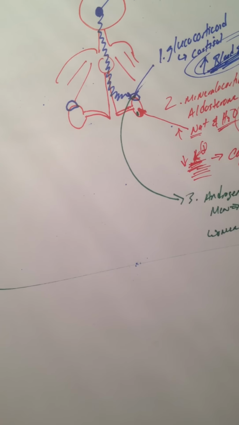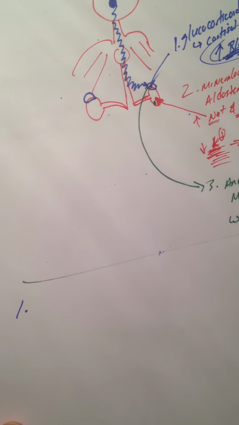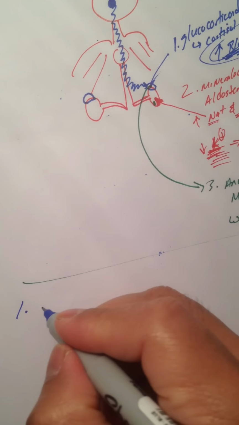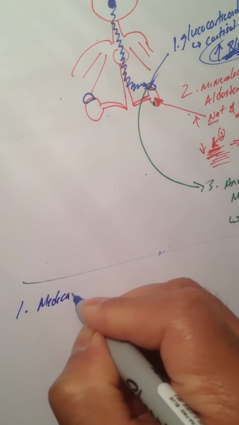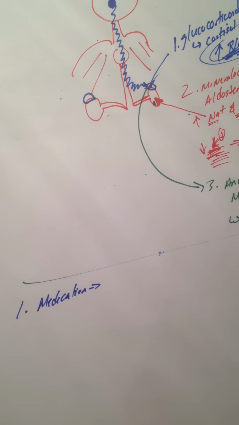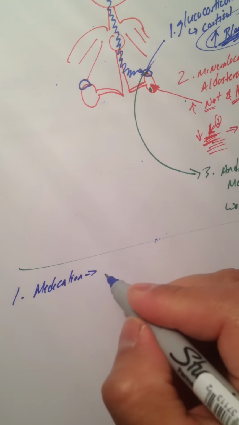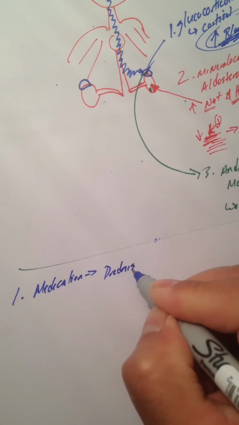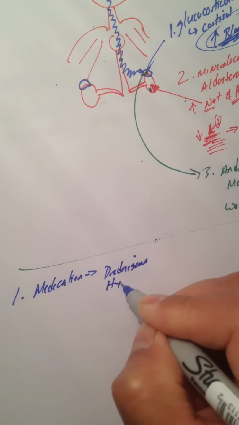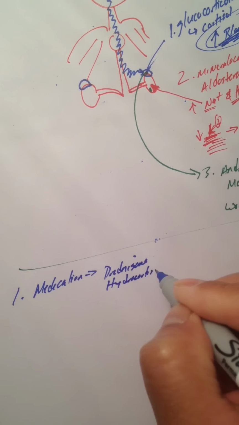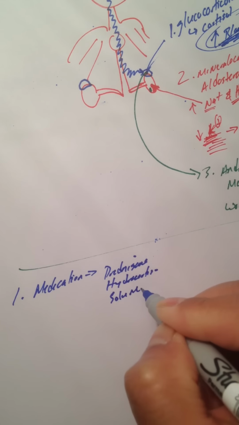The number one cause for Cushing's is some type of medication. Maybe this patient has some type of rheumatoid arthritis, some type of arthritis. They go to the doctor, who prescribes something like prednisone, hydrocortisone, Solu-Medrol.